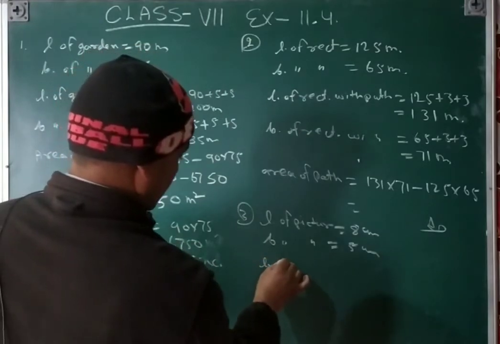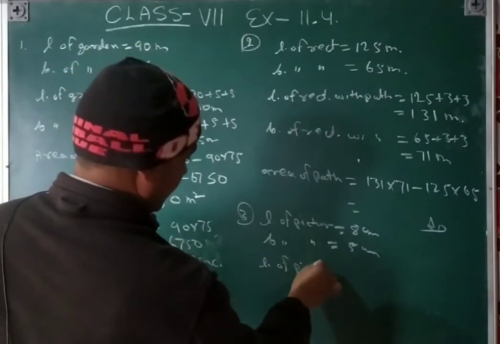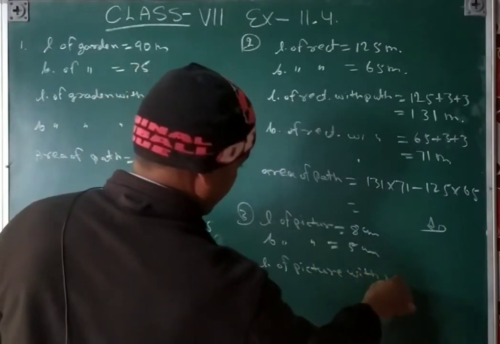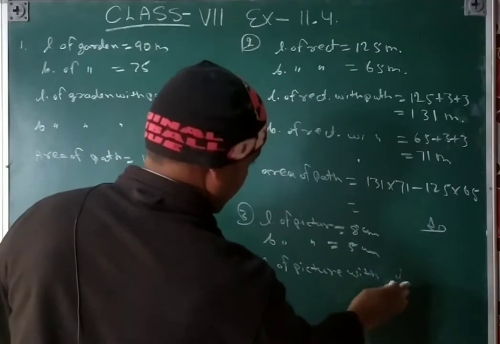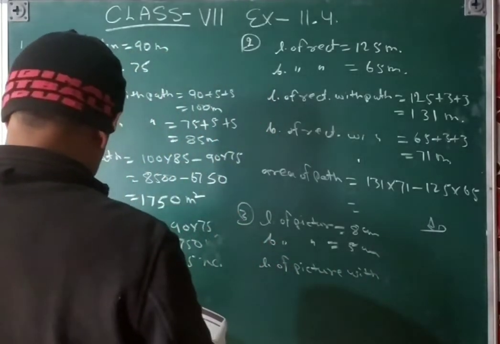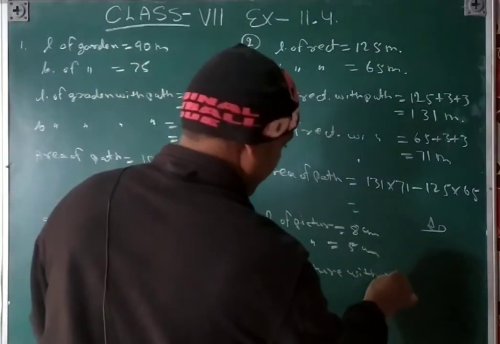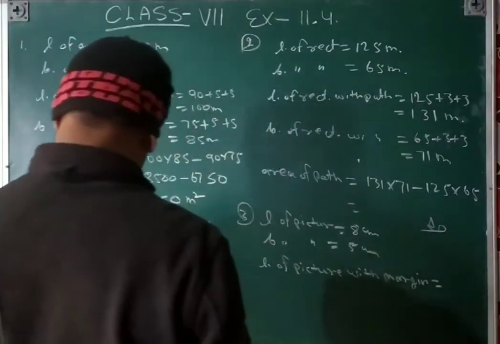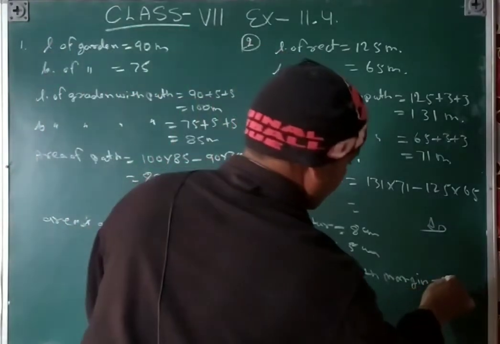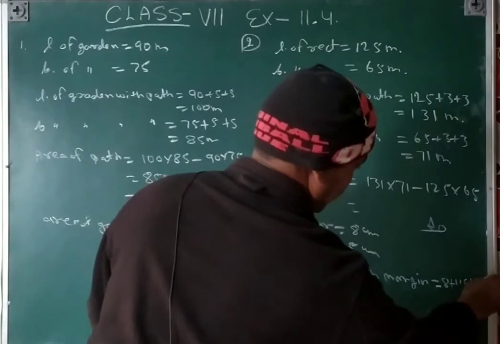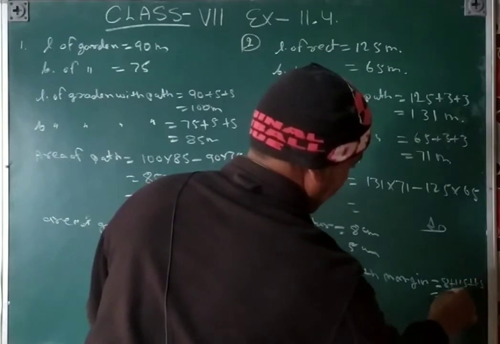And then length of picture with margin, that is not a path, it is the given margin. Margin is equal to 1.5. So 8 plus 1.5 plus 1.5 is 11.